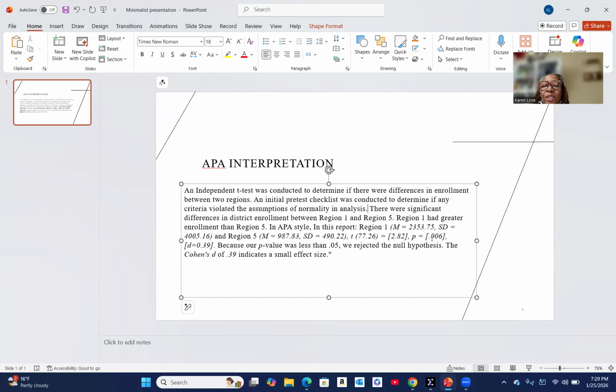Our p-value was 0.006 and our Cohen's d was 0.39. Because our p-value was less than 0.05, we rejected the null hypothesis. The Cohen's d of 0.39 indicates a small effect size. This concludes my analysis.